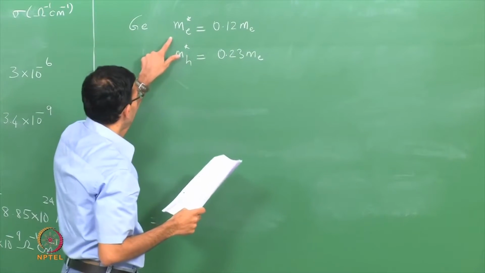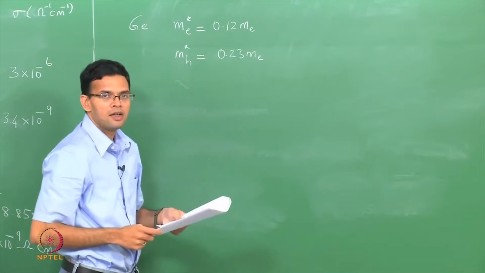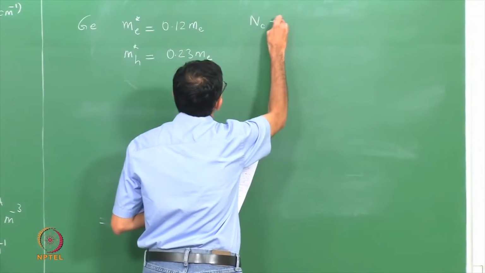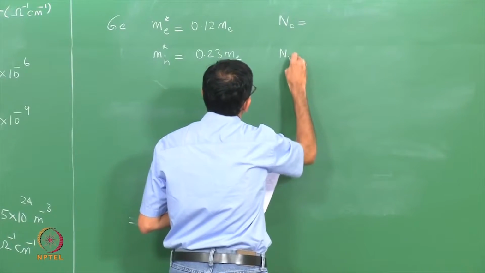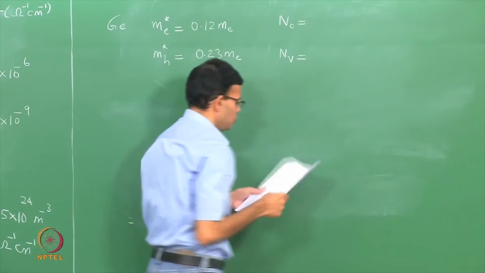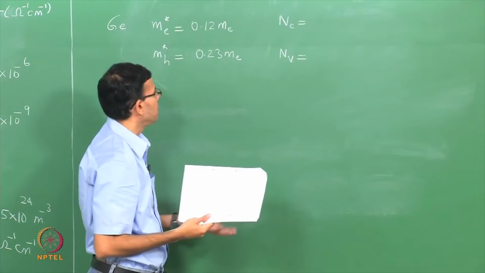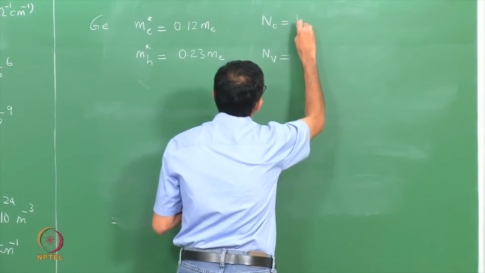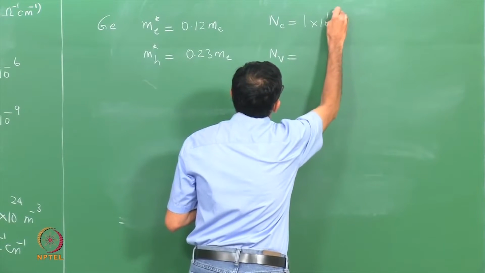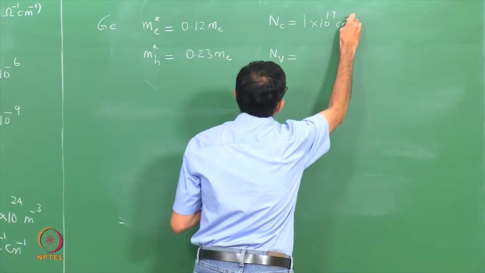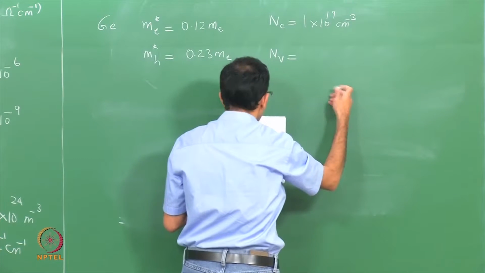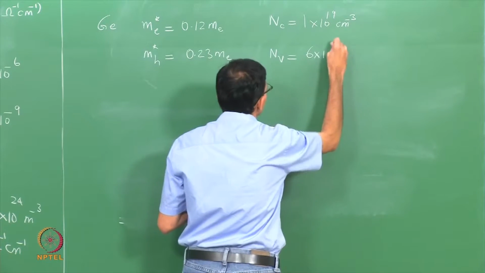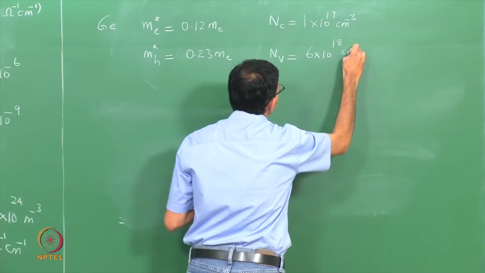Once you know Me star and Mh star, we can go ahead and calculate Nc and Nv. The formula is just the same, you are just substituting different numbers. Nc is 1 times 10 to the 19 centimeter cube, Nv is 6 times 10 to the 18.